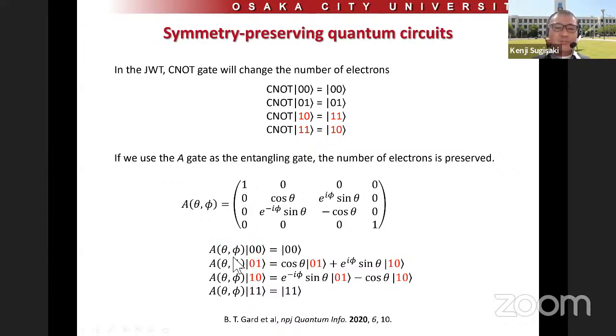And if we apply this A operator to, for example, the 01 state, we generate a linear combination of 01 and 10 states. So the number of qubits in the 1 state is preserved. By applying this, the number of electrons is always preserved if the Jordan-Wigner transformation is applied as a wave function mapping.